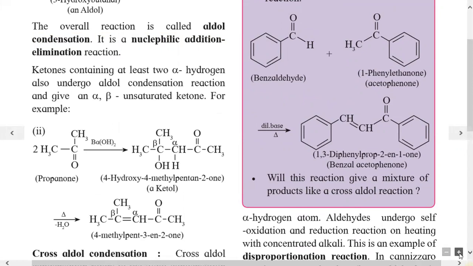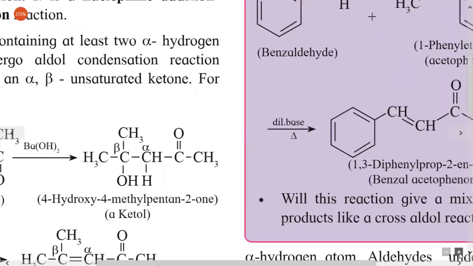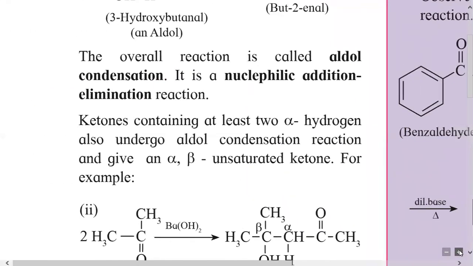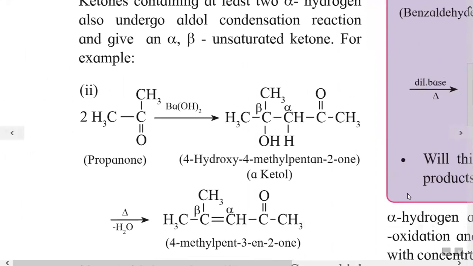Now we will study a similar example for ketone. So a ketone containing at least 2 alpha hydrogen atoms undergoes this aldol condensation reaction and gives alpha beta unsaturated ketone.